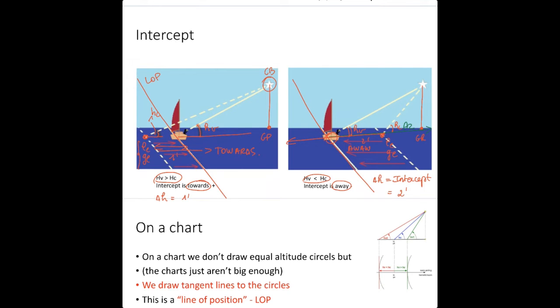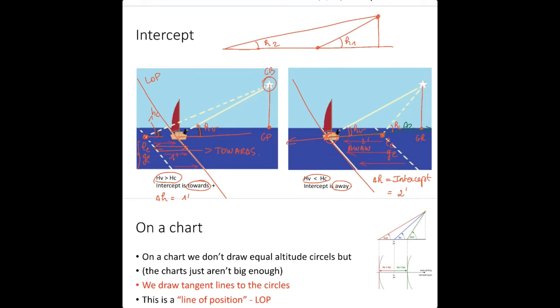Okay, you know that when you are looking at something and determining the height, if this is your celestial body, when you're close to the celestial body, your altitude will be h1. When you're far away from the celestial body, your altitude will be lower and it will be h2. Okay?